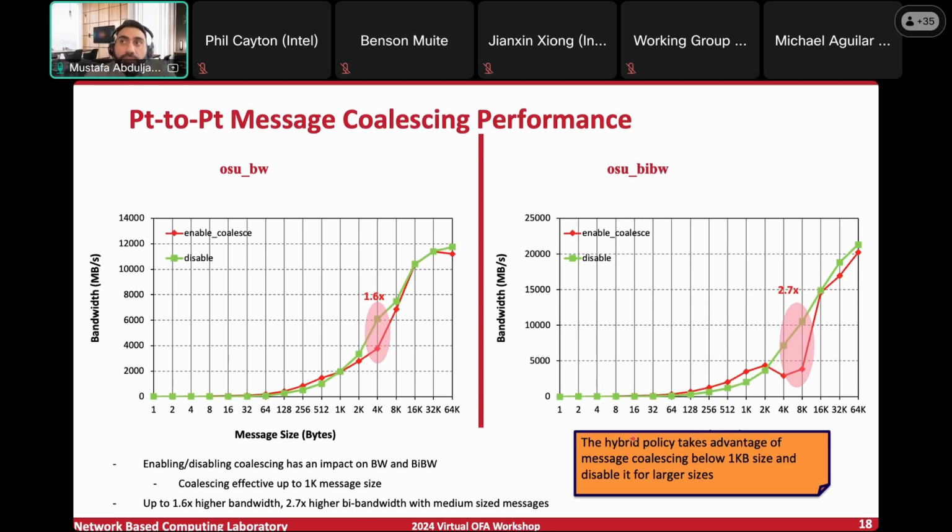So we call that the hybrid policy, which takes advantage of message coalescing below 1 kilobyte message size for this cluster, but it could be a different message size for other clusters depending on the underlying hardware and interconnect setup.